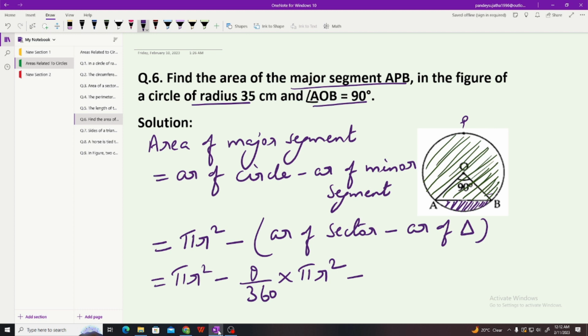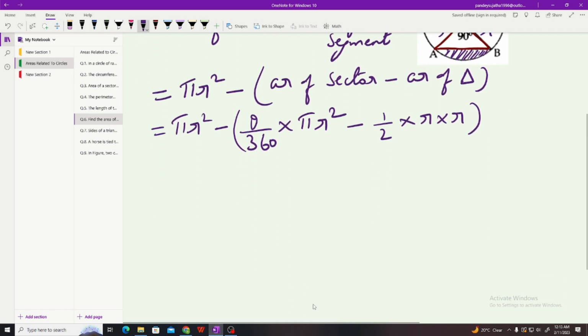Since theta is 90, this AOB becomes a right angled triangle. So you all know the formula for area of right angled triangle, that is half into base into height, that is half into r into r. So now solve further.